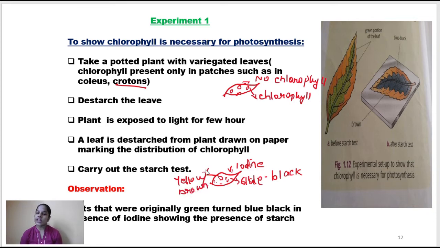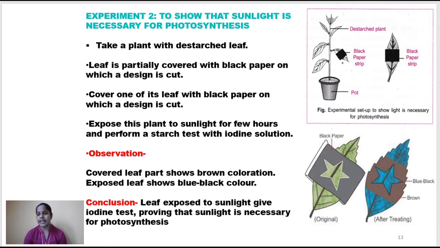So we can conclude from this that only in those parts of the leaf where chlorophyll was present, starch is formed, and in the variegated leaf where chlorophyll is absent, there is no starch formed by the process of photosynthesis.